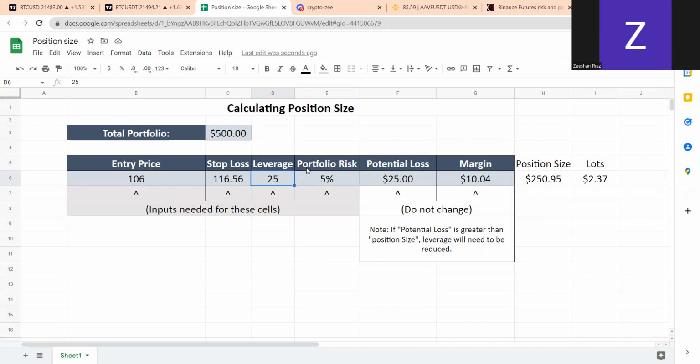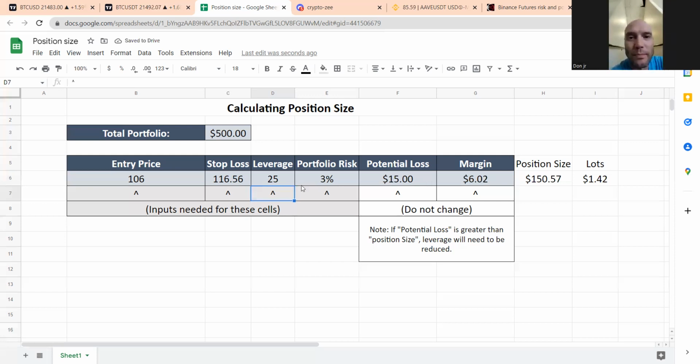So we always say portfolio risk no more than 3%. So we'll stick with that. $500, 3% of $500 is $15. Leverage, let's assume you're taking 10x. You can see how margin is changing with the leverage. Your position size remains the same, but the margin changes because of your leverage.